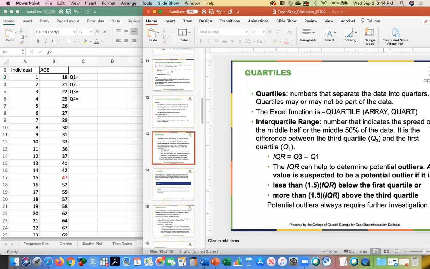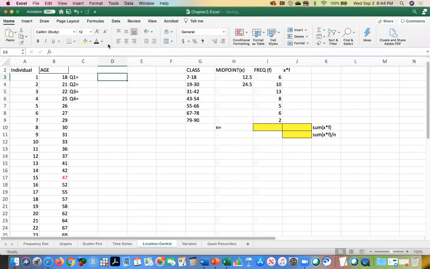I'm going to highlight the array, the database I want to find the value for, and then indicate to Excel which quartile I need. You also need to see what version of Excel you have. In some cases it changes a little, but the differences are not very strong.